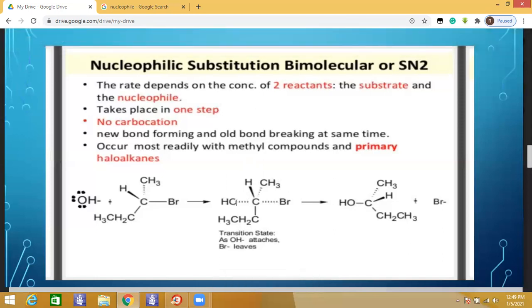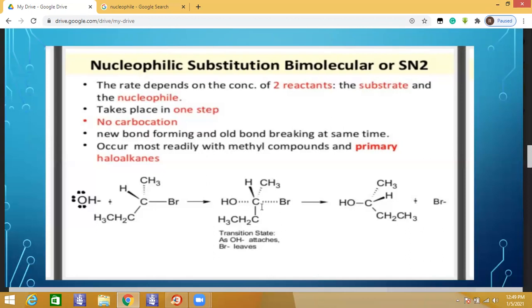For some time this stage is reached when both OH and Br are partially bonded to the halide carbon. The new bond which is going to be formed is C-OH, in formation, and this bond is in breaking process, C-Br.